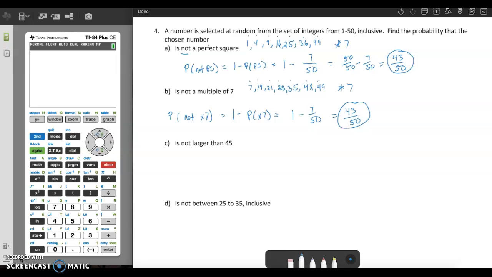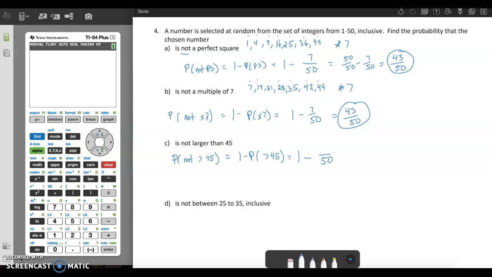Okay, what about the probability that the number chosen is not larger than 45? Let's look at it the same way. The probability of being not larger than 45 is equal to 1 minus the probability that it is larger than 45. So 1 minus how many over 50?